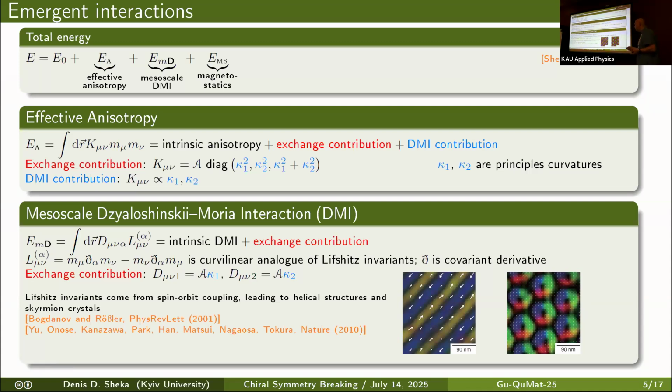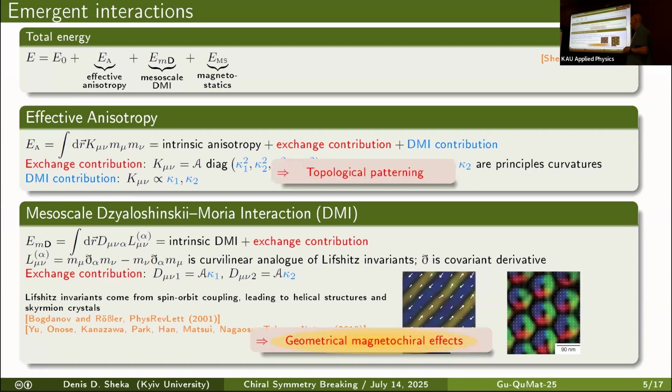But what is important is the symmetry, which is dictated by this Lifshitz invariant. It takes the same form as the well-known interfacial Dzyaloshinskii-Moriya interaction, for example, in thin films, which is known to lead to helical structures, skyrmion crystals, and more.